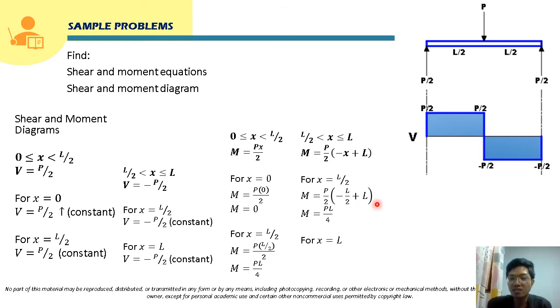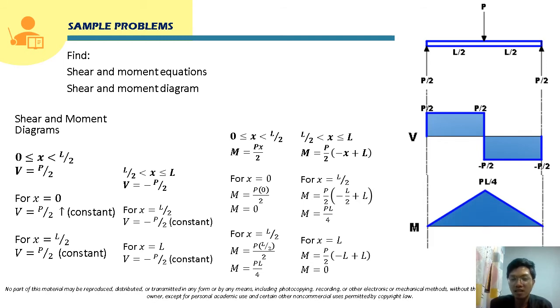Now, for x equal to L, which is here at this point, we just substitute L into the variable x. So this will become negative L plus L, so that will be 0, right? So the moment at that point is 0.